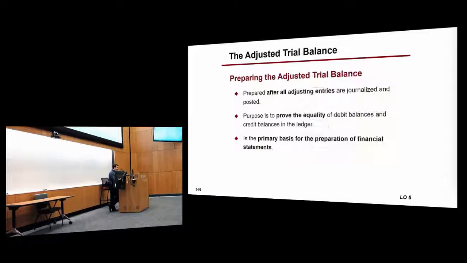Okay. Now, once we're done with that, we prepare an adjusted trial balance. The adjusted trial balance is very similar to the trial balance, simply it includes the new adjusted values.